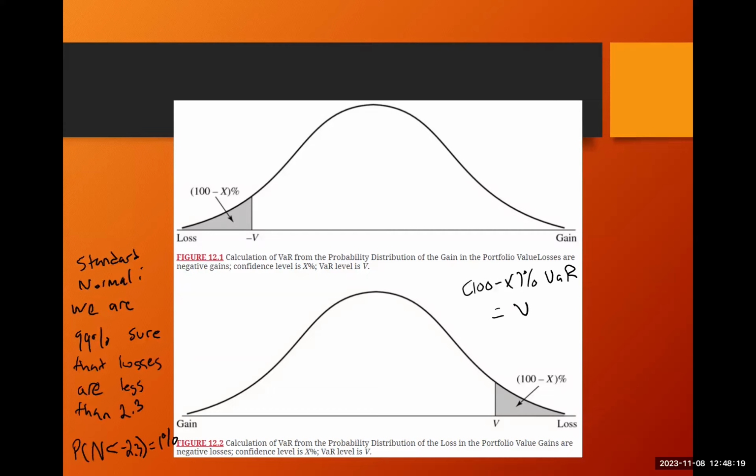And we will often assume a certain type of distribution for our losses, either normal or perhaps uniform, so that we can calculate these values.